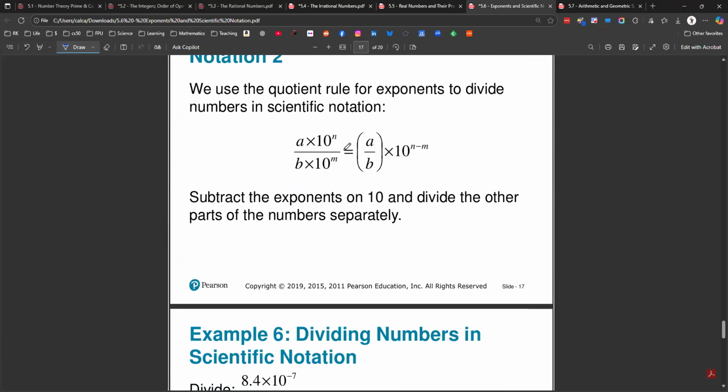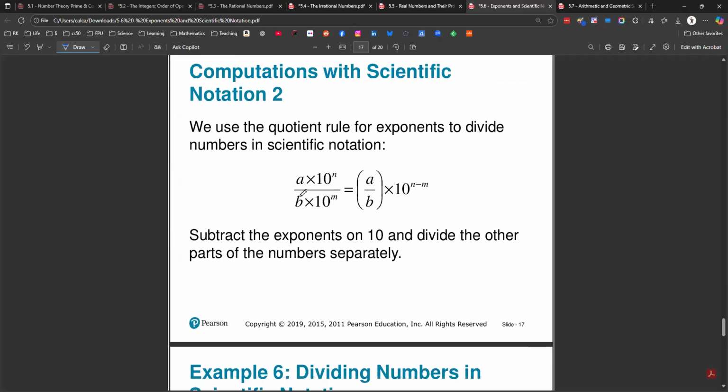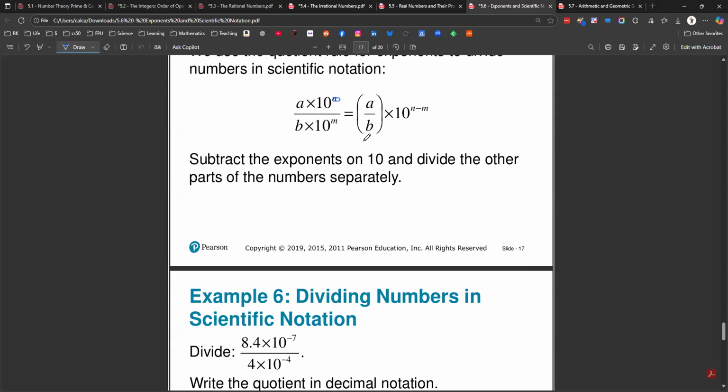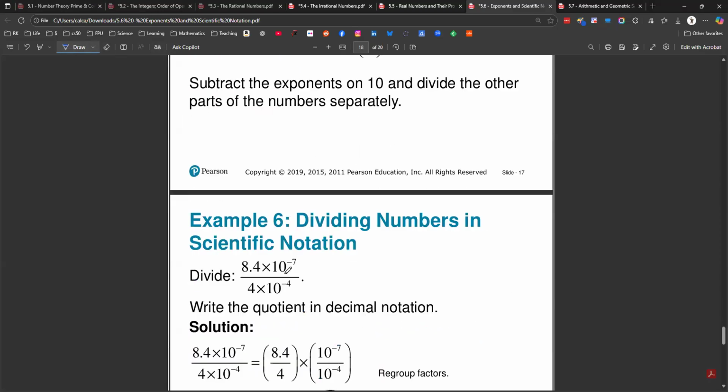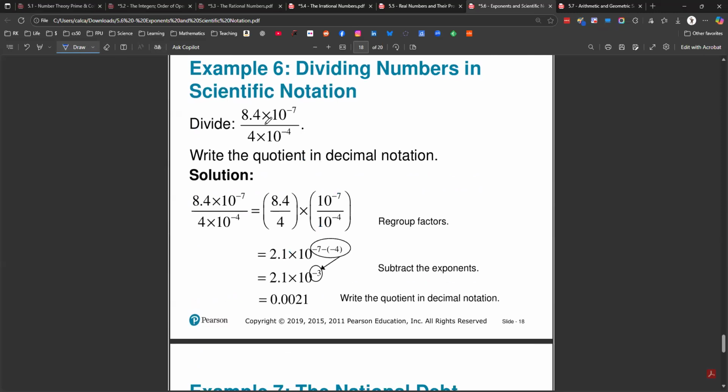Okay. Dividing is exactly the same thing. You divide a by b, and then just like before, we're going to take the top exponent and subtract the bottom exponent from it. And so here's an example of that.